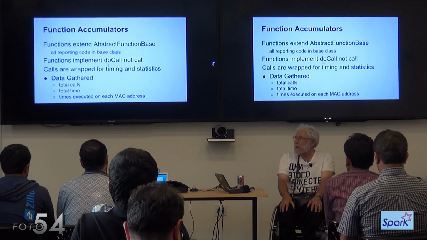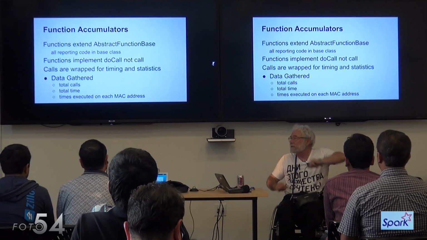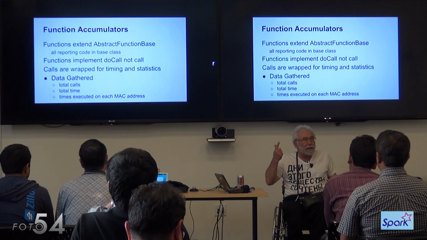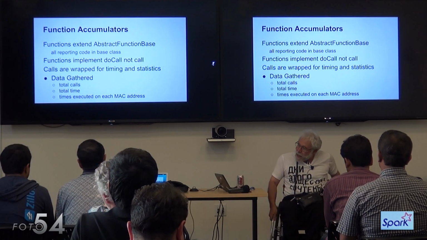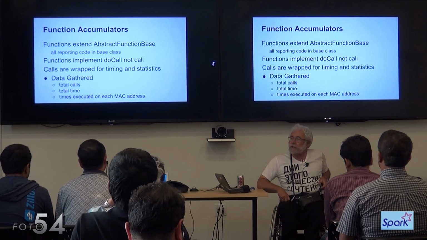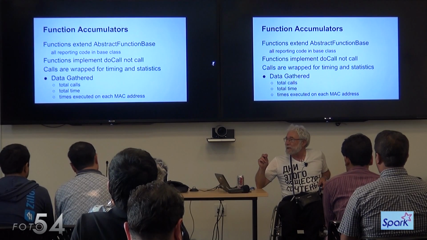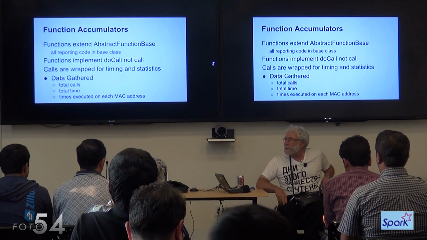A base class wraps all of this with instrumentation to count how many times it was called, how long it took, and one other thing, which is how many times did it execute on each MAC address, which tells me what machines it is running on.